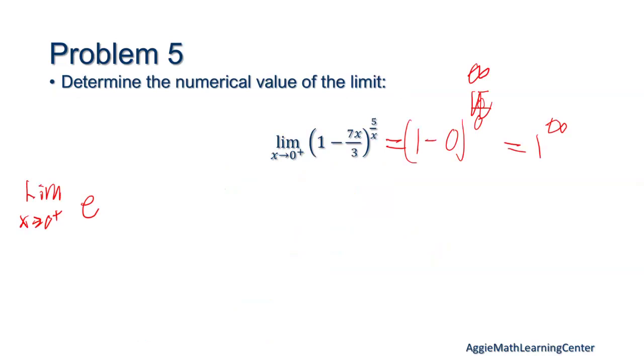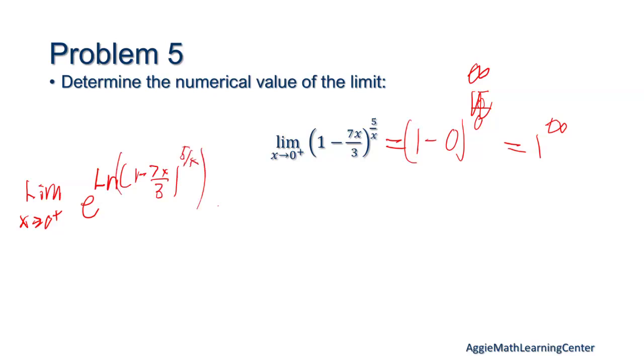Do something that equals out to 1. That being, e to any ln power is just whatever is inside of the ln. So that's what I'm going to do. E to the ln of 1 minus 7x over 3 to the 5x.